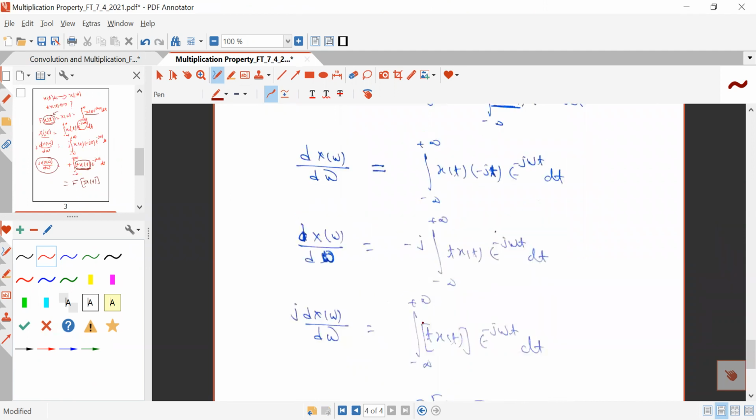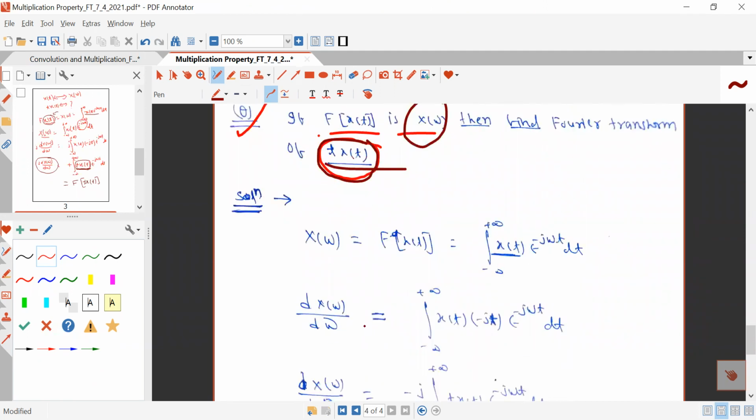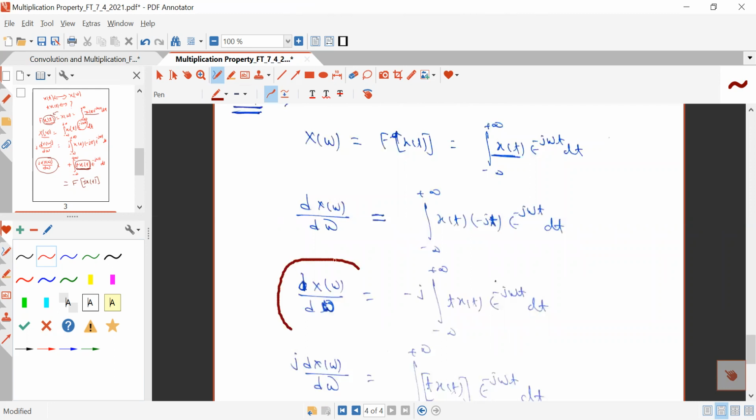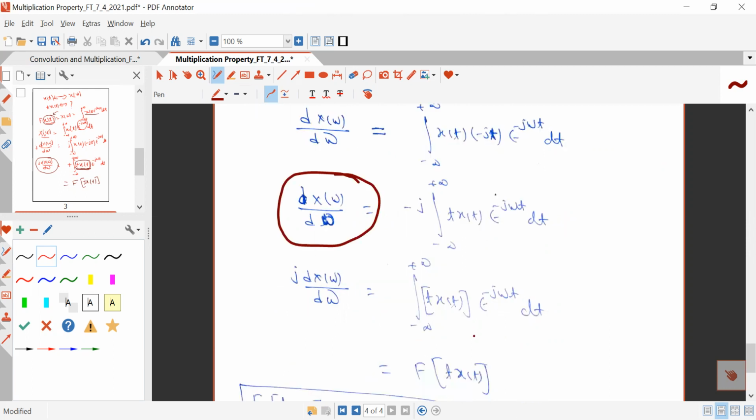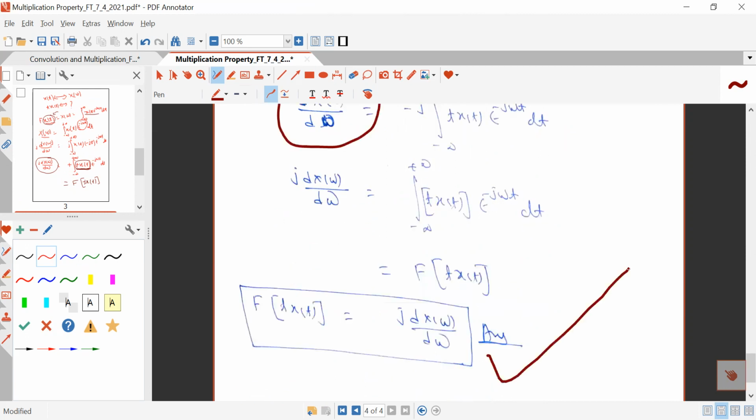How will you determine the Fourier transform of t square x(t)? Just differentiate this expression once again with respect to omega, and you will get the Fourier transform of t square x(t). In this way, you can determine the Fourier transform of any signal which is multiplied with t or t square or t cube. And in the next lecture, I will discuss some more properties of the Fourier transform.